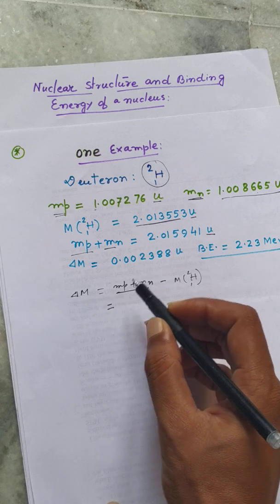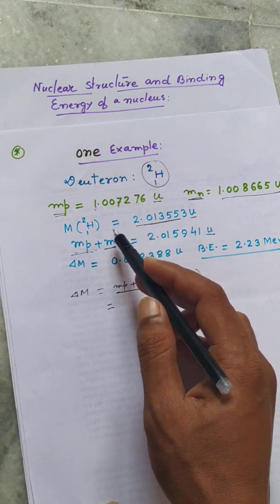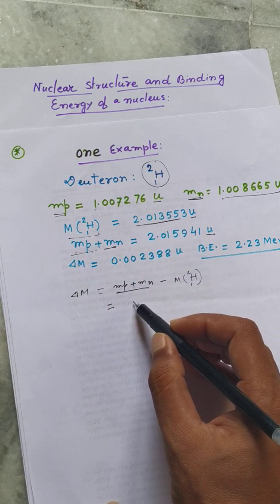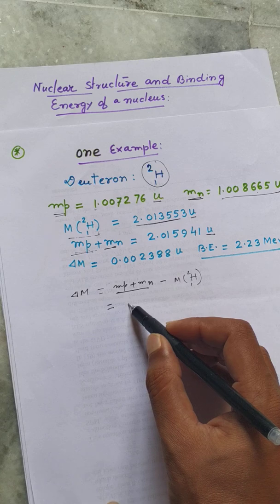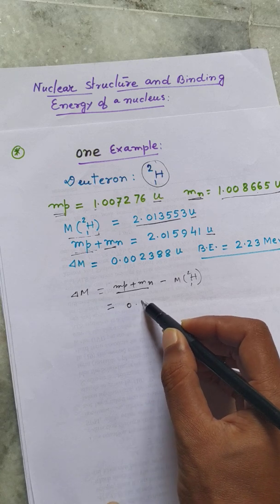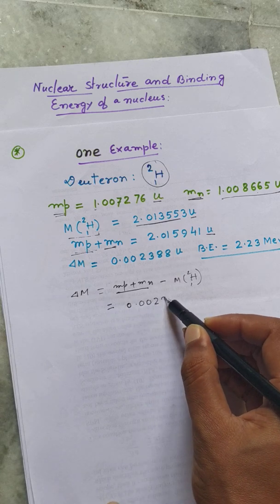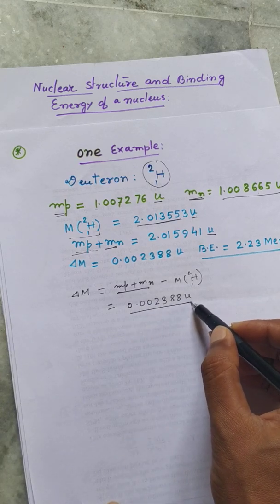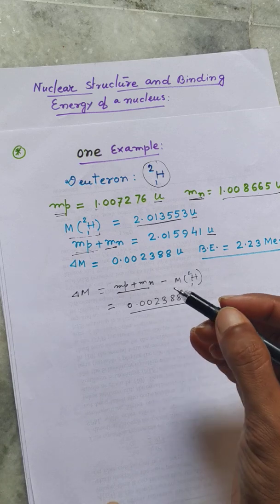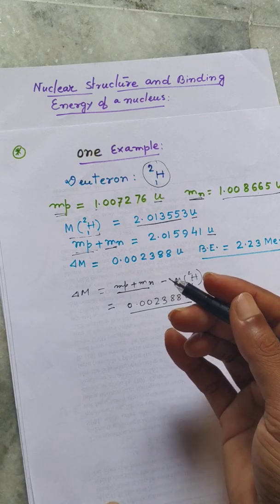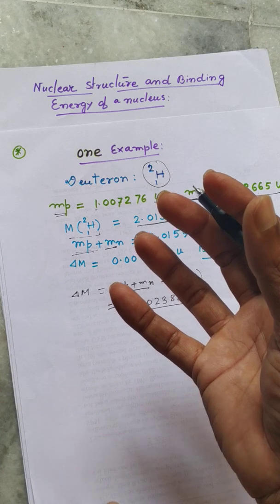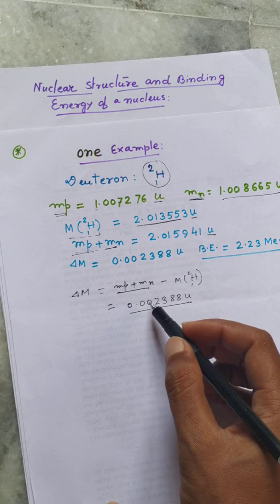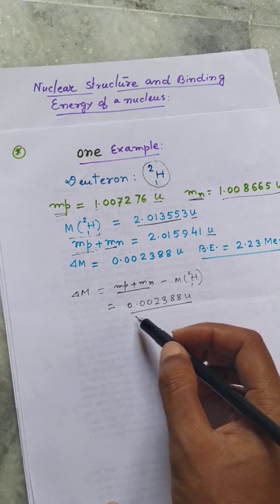After substituting the values of mp and mn and the experimentally found mass of the nucleus, we get 0.002388 mass unit. This is the mass defect. So this amount of mass disappears when one proton and one neutron combine to form a deuteron nucleus.